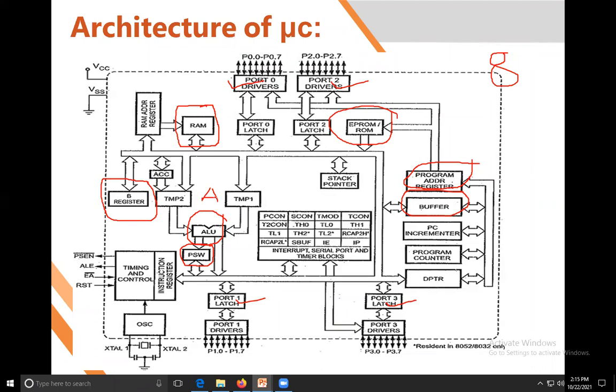We have to use register B for that. They ask this question in the online examination of the 8051 every time: what is the use of register B? Register B is used for multiplication and division is the answer. Okay, so you must remember this.